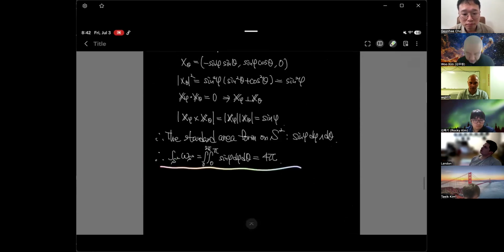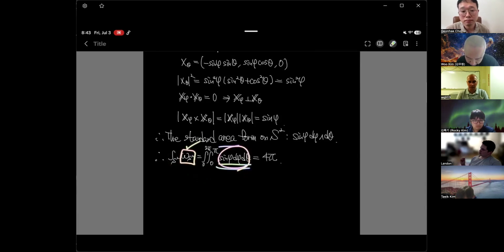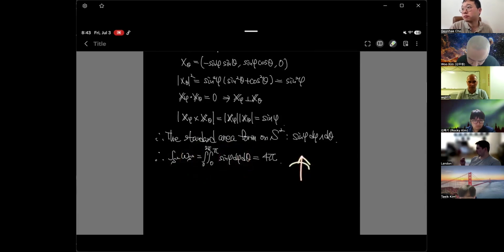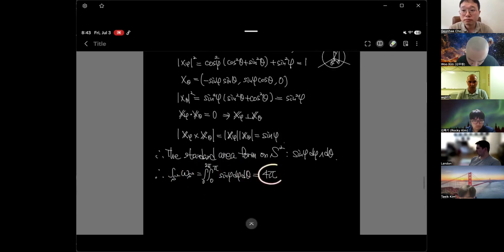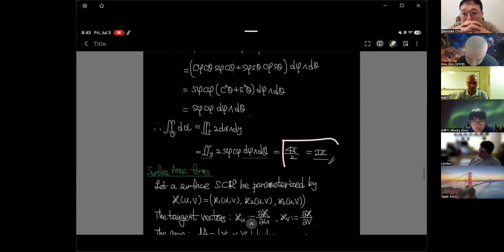So using the generalized Stokes theorem, it became this one this way. So we can use the area form as this one, and we have 4 pi because it's a unit sphere. And let's get back to the earlier one over here.